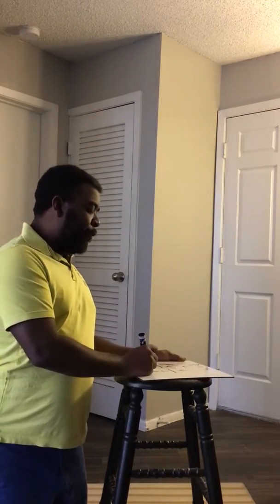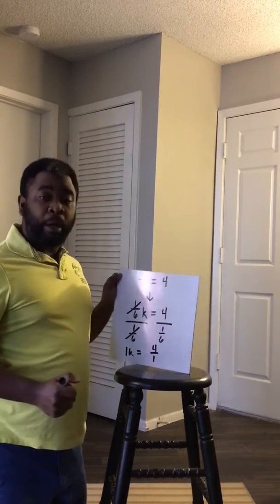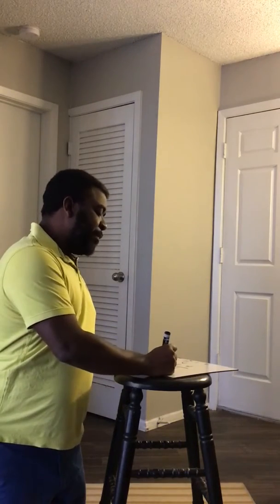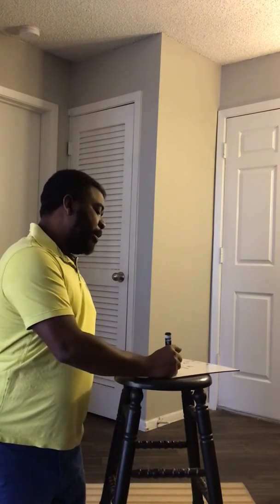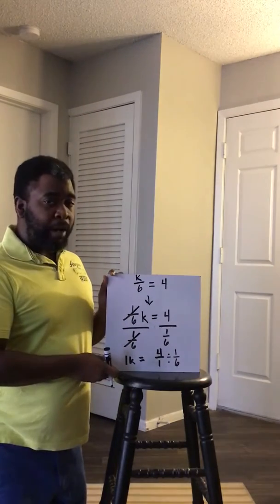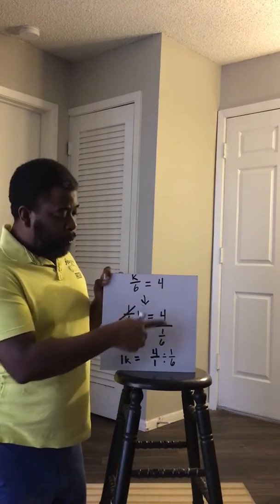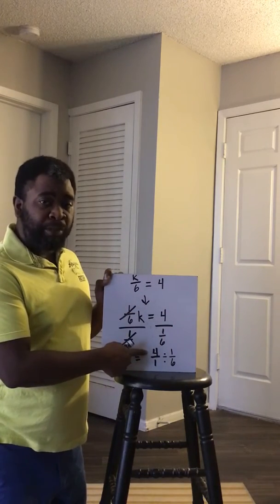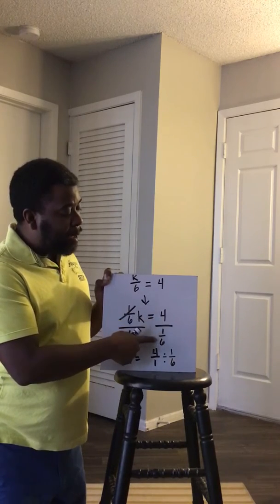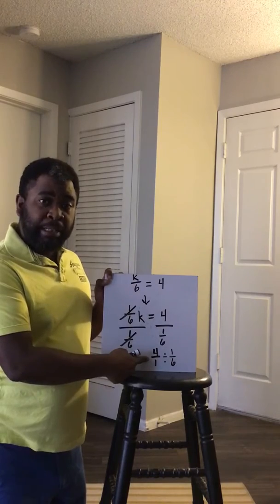So I can write 4 wholes as 4/1 to make it a fraction, divided by 1/6. You with me so far? All we did was we took our 4 wholes, we turned it into a fraction, which was 4/1, and it's being divided by 1/6.